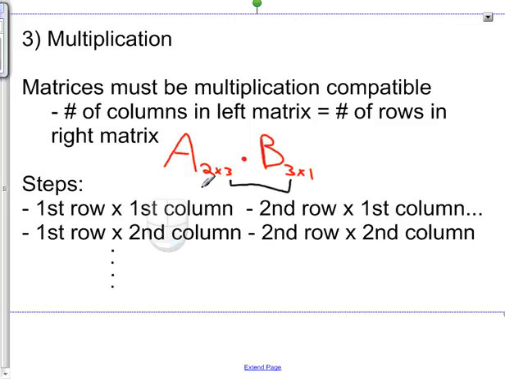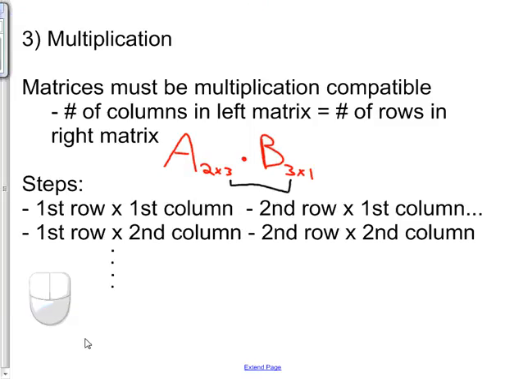Those two middle numbers are the same. So that's our multiplication compatibility, and if they're not, we can't do it at all. Another thing to look for is these outside numbers, the 2 and the 1. That's going to be the dimensions of the resulting matrix, a 2 by 1 matrix.